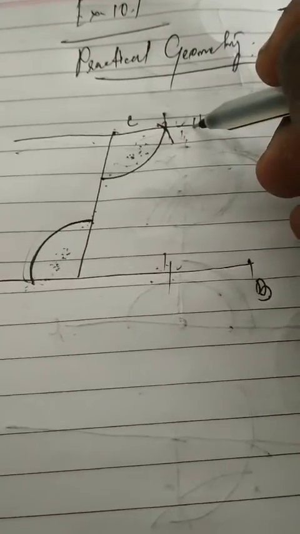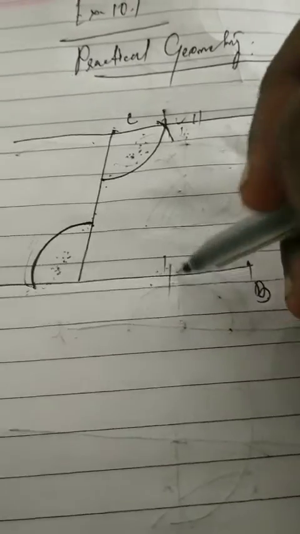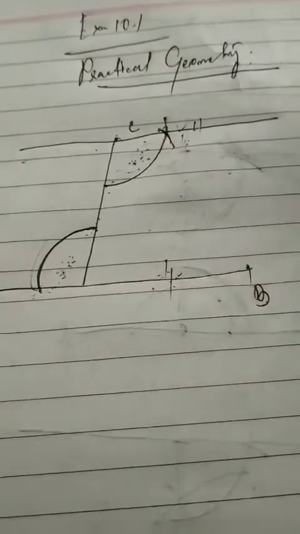So the new line which has been formed is parallel to AB. This is the process by which we can draw parallel lines.